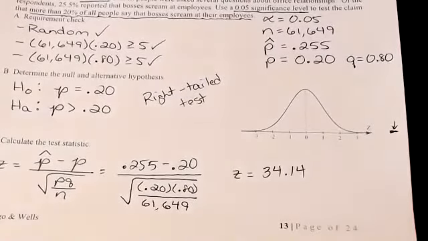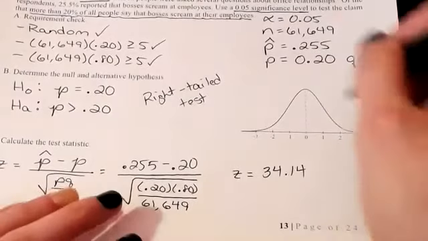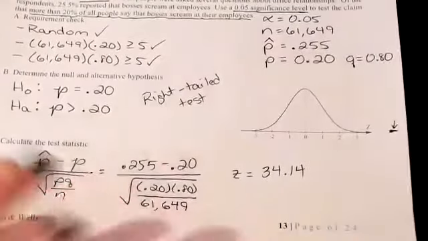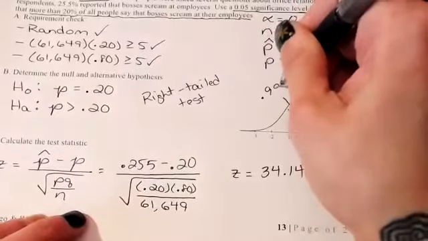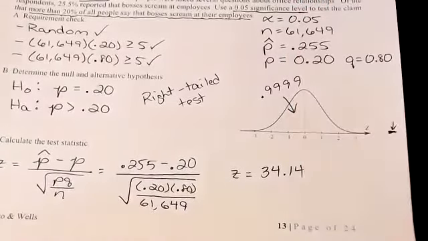Recall that when we looked at our Z-score table, if we ever had a z-score value greater than 3.9, we would actually say that the area to the left is 0.9 repeating. So the area to the left, which would essentially be the entire curve practically, is going to be 0.9999. We're going to round to the nearest 10,000th place, so essentially 4 places after the decimal.